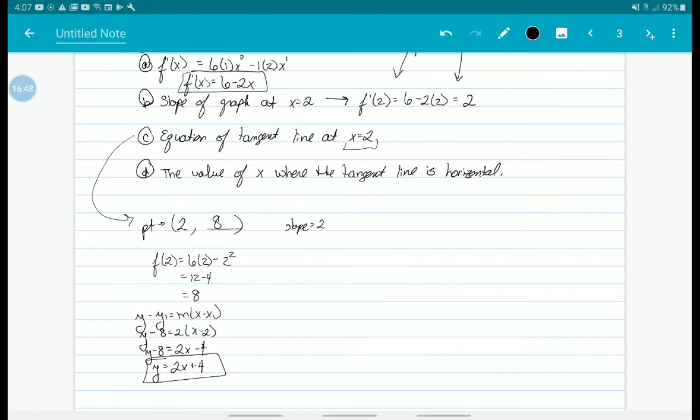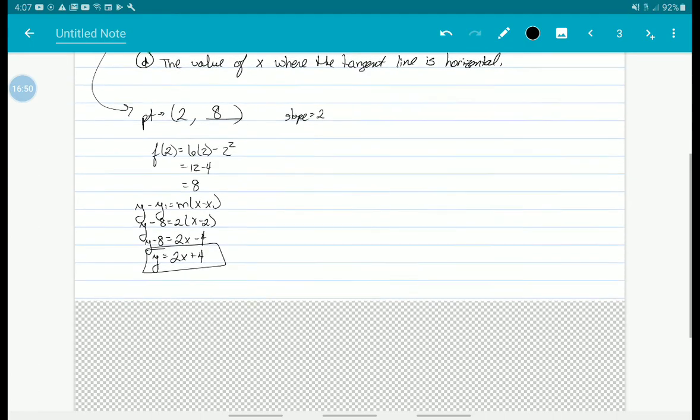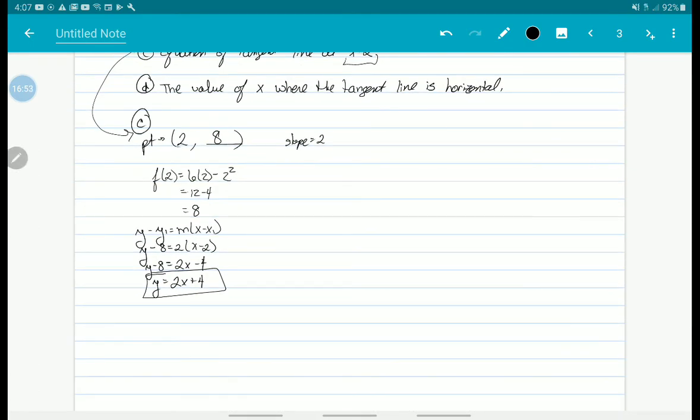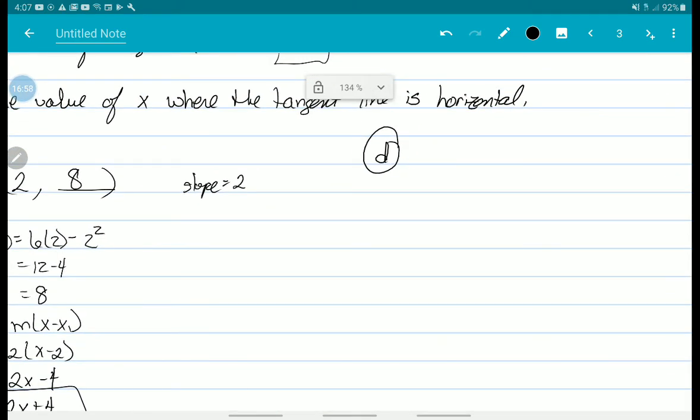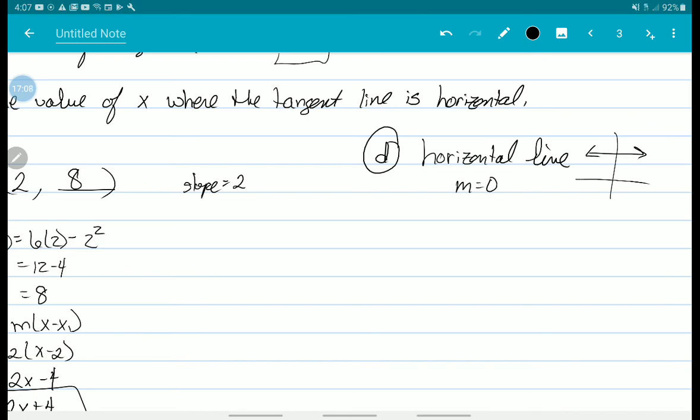And then in part D, they're asking us, where is the tangent line going to be horizontal? So if we think about what a horizontal line is. So horizontal lines are going to look like this, and they always have a slope of 0. And we know that the derivative gives a slope. So let's kind of put that information together. If we want to know where we're going to have a horizontal tangent line, then we can take the derivative and set it equal to 0.